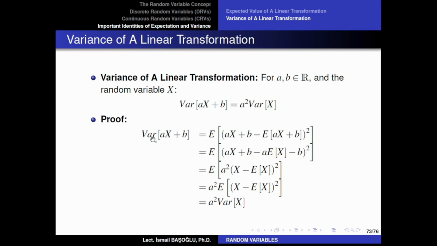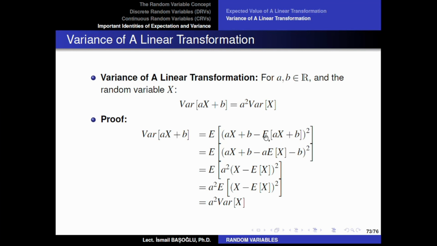So if we are interested in calculating the variance of ax plus b, we need to first find the expected value of ax plus b and subtract it from ax plus b, and the difference is going to be squared, and in the end we are going to calculate the expected value of the squared deviation of ax plus b from its expectation. Now this is the classical definition of the variance of ax plus b.